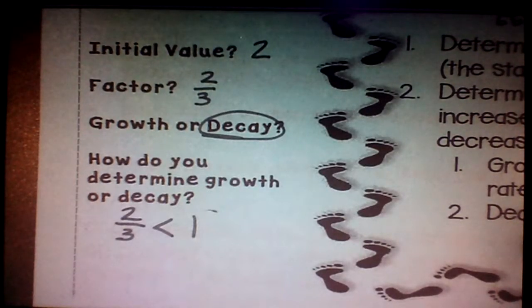Because sometimes you have an easier time comparing decimals. If it was 6, it's growth. If it's 1.5, it's growth. If it's 1.1, it's growth. But anything like 0.9, even 0.999 is decay. It's decaying very slowly, but it's still less than 1, it's still decaying.